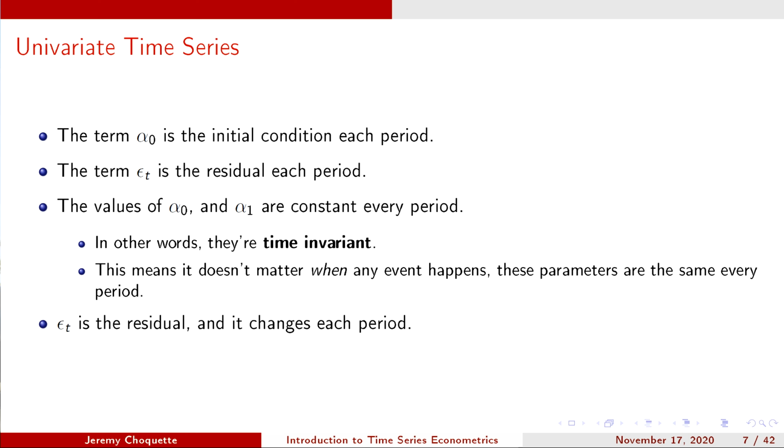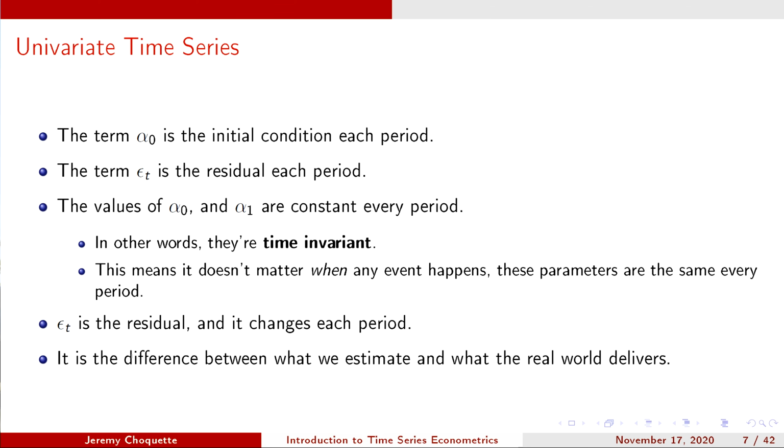But this epsilon_t is the residual, and it changes each period. If you see a t subscript attached to any of these particular values, it can change each time period. If there isn't a t subscript, like alpha 0 and alpha 1, meaning they don't change over time, they're constant over time, hence time invariant.